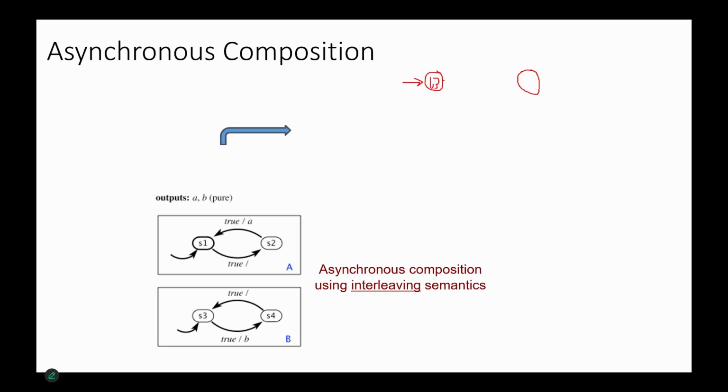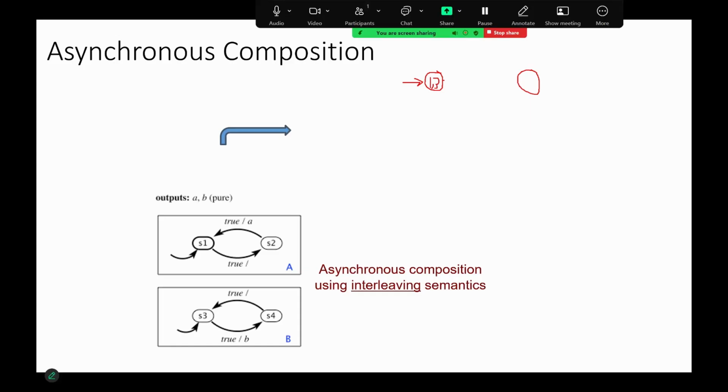But you can have it in two transitions, either go here or go there, right? It's still deterministic. Yeah, maybe just do it step by step and then we discuss.